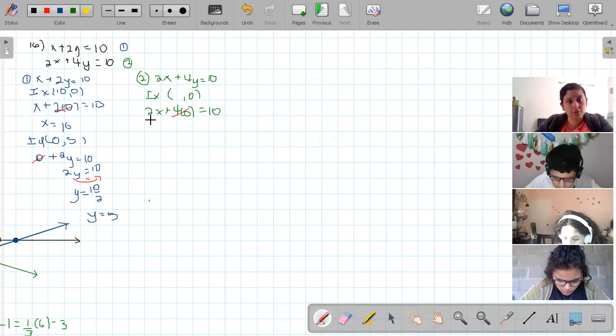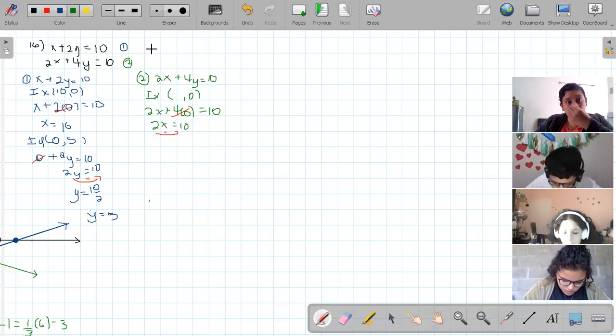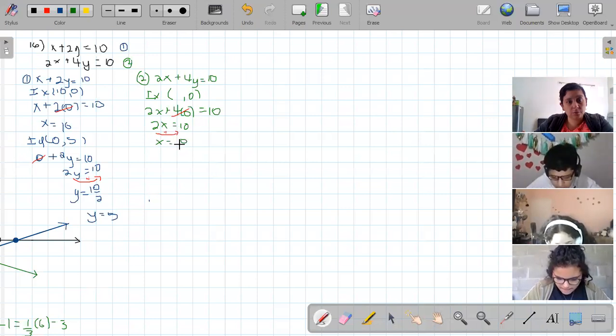Cancel out that one. So I have 2x is equal to 10. 2 is multiplying, passes dividing. So x is equal to 10 over 2. And again, the answer is 5. In this case, it's (5, 0).